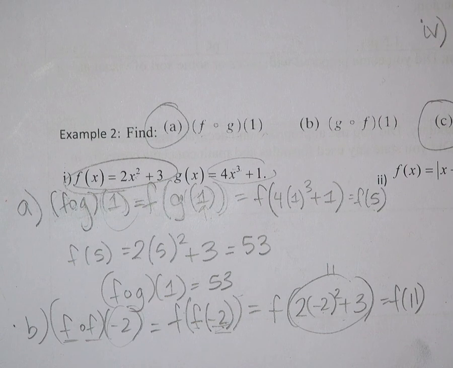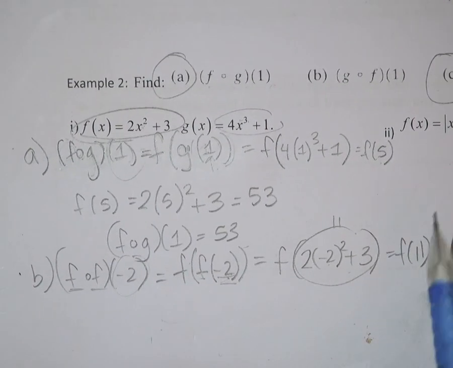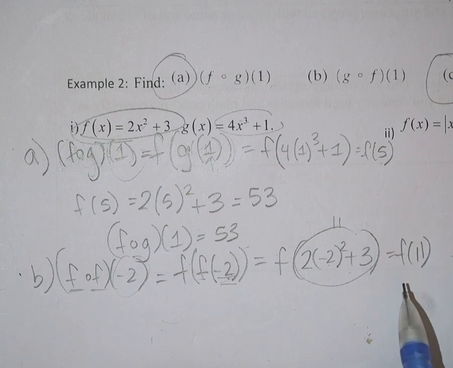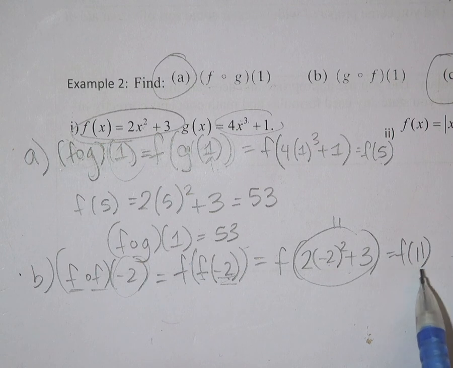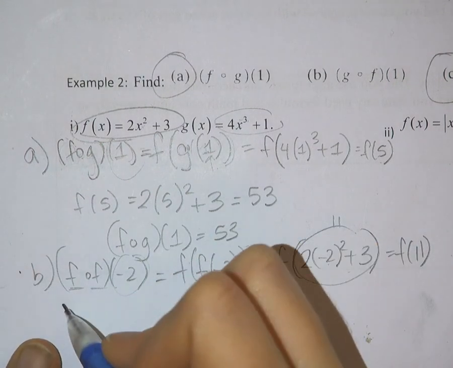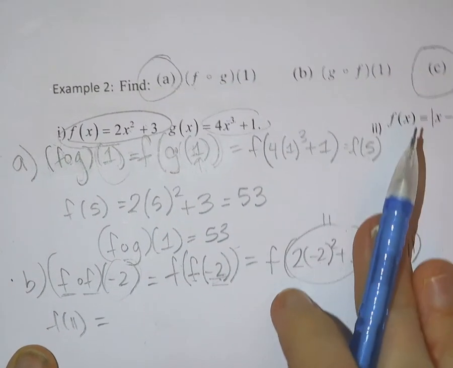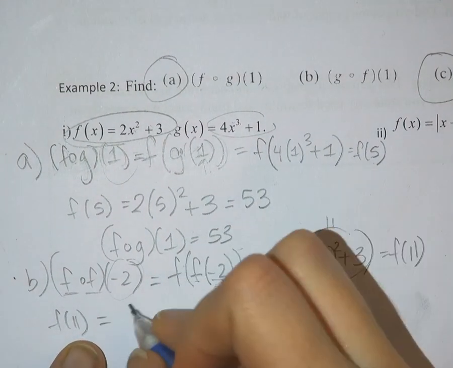Okay, and then we have our last part. Remember that now we have to take this function, which just happens to be function f again, and plug in our new value, 11. So now we're going to do f of 11. If we go back to our function, we plug this in for x wherever we see x.